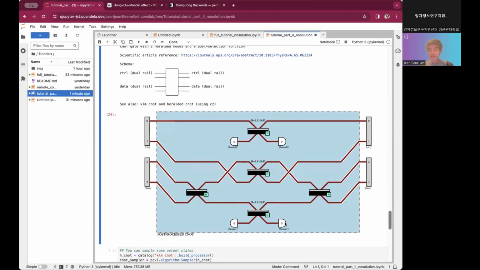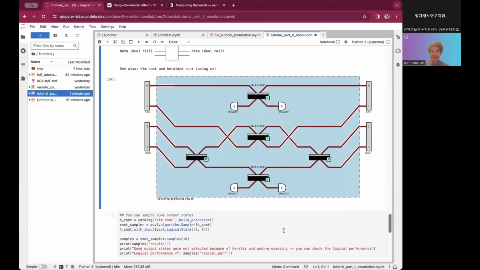When you are working with a processor, you can put that logic. We could say, okay, I will send my photon in this mode, and I will check manually if there is no photon in the output. But the processor does this for you, so you don't need to care about how to manipulate that. The processor will just send 0 photon because it's defined as a herald, and post-select the states of your sampling by removing all the possible outputs that don't match this heralding schema.